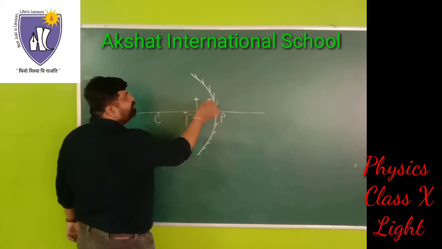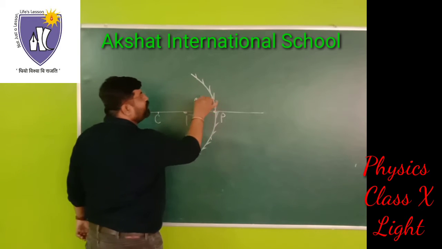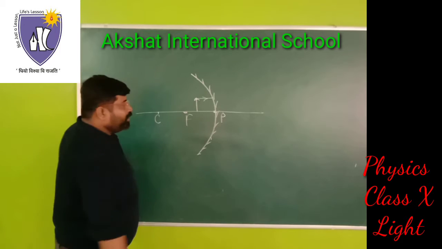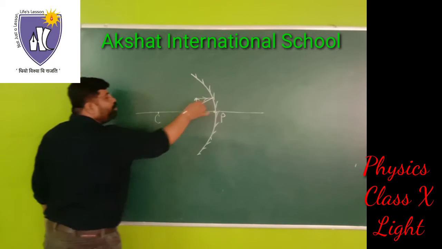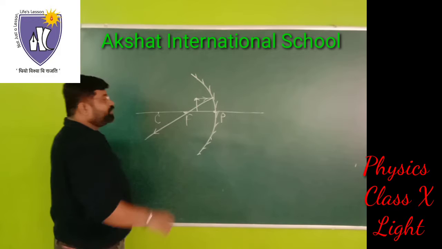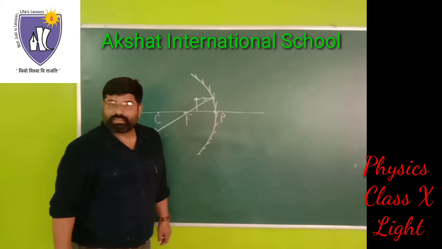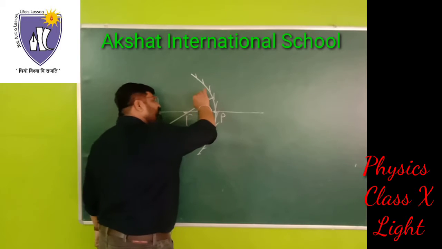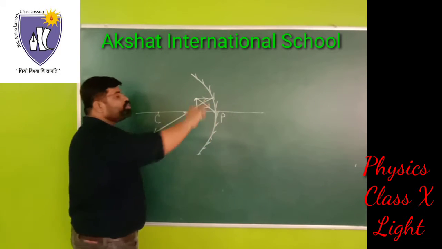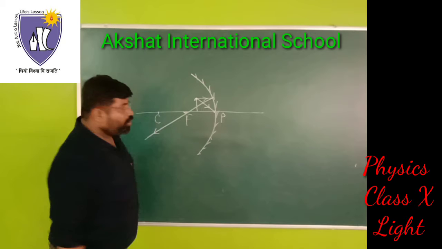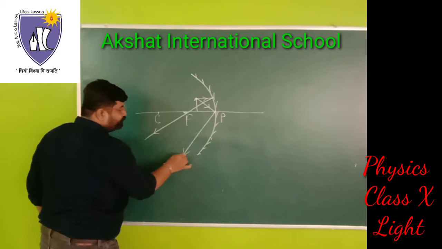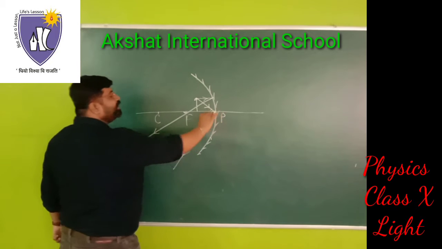Then to find the image, we take one ray which is parallel to the principal axis, and 100% it will go passing through the focus. And if I take a ray which falls on the pole, it will also reflect back like this, making an equal angle here.